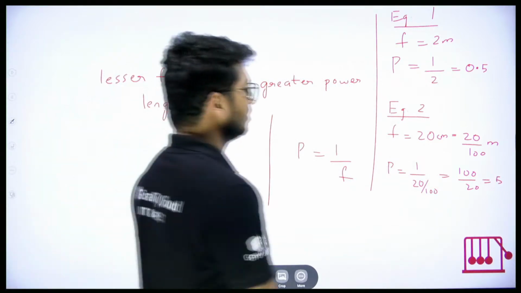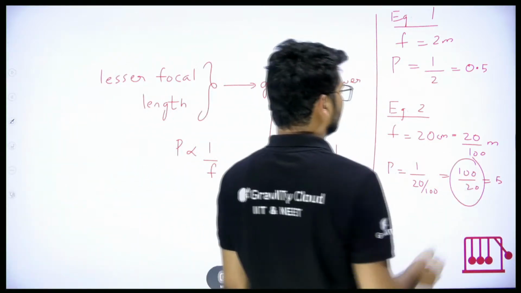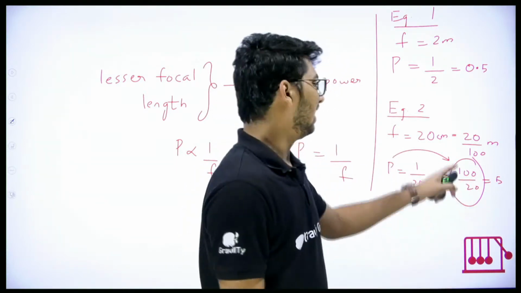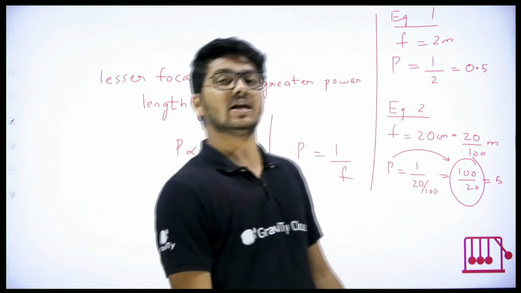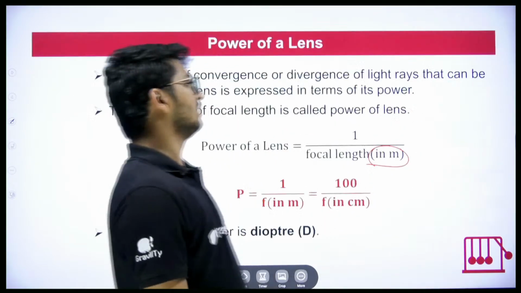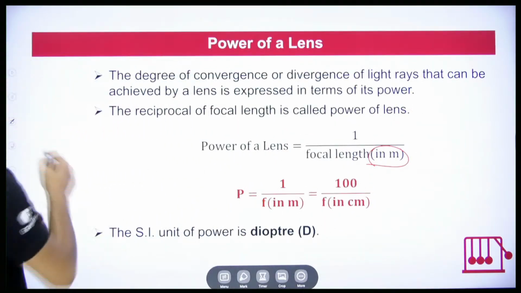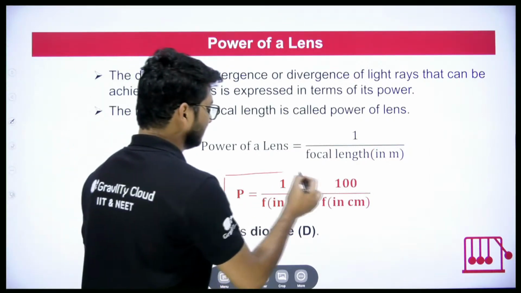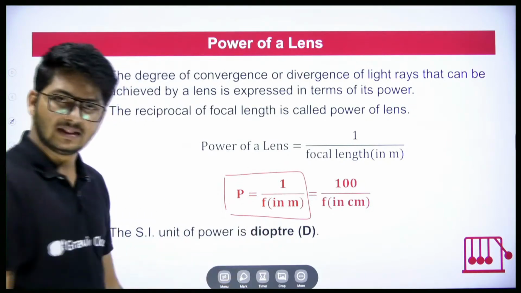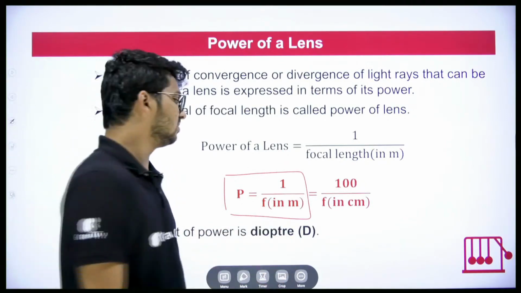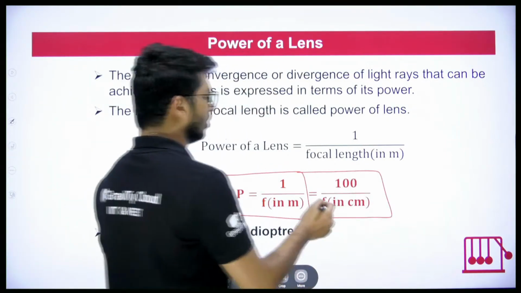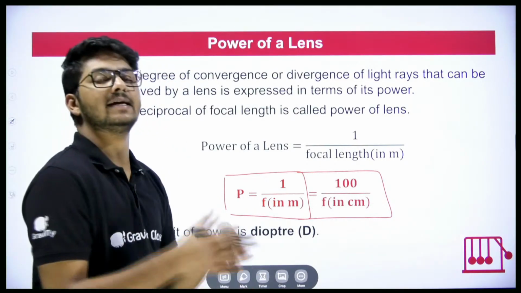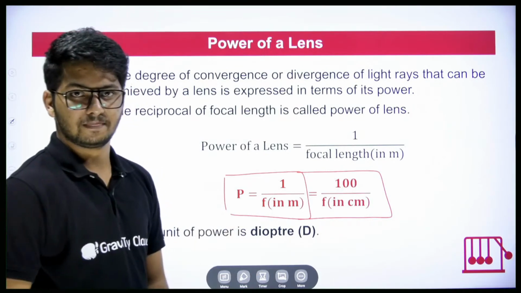So look at this. When we are taking it in terms of centimeter, we can directly make use of the formula 100 by focal length in centimeter. That's why we have this formula. For our convenience, we define two types of formula. One is directly 1 by focal length when the focal length is in meters, or 100 by focal length when it is in centimeter. Got it?